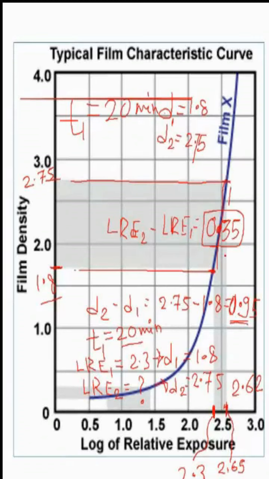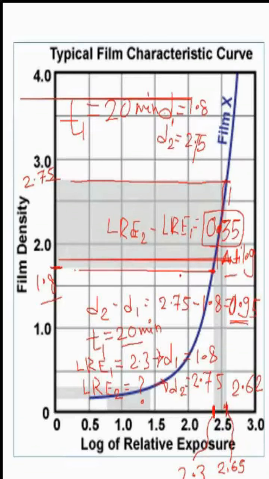When you take the antilog of this, check in your calculator, mobile, laptop or computer, the antilog, log to the base 10, that is shift log of 0.23. This value will be 1.69.